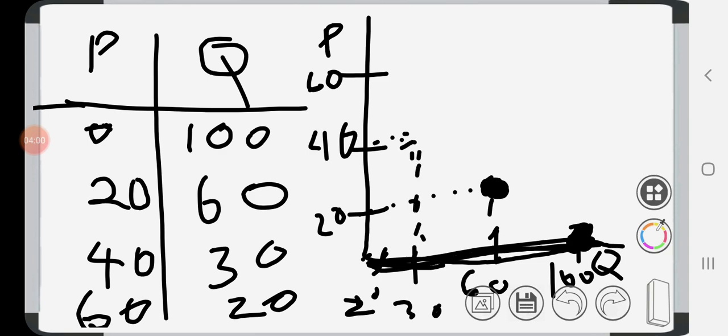So where 40 price and 30 quantity meet, you were right there. And then for 60, you were a bit further somewhere there. Now, these points represent your points of consumption based on what price this product is offered at, right?